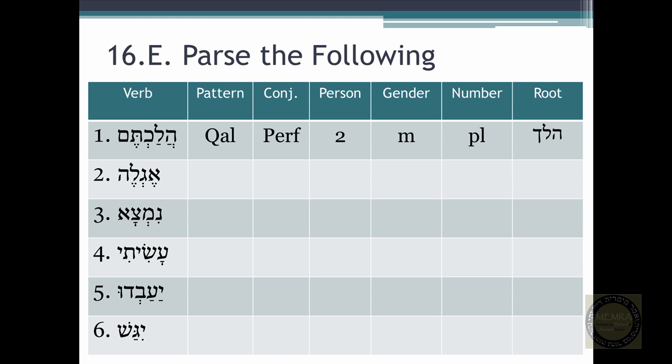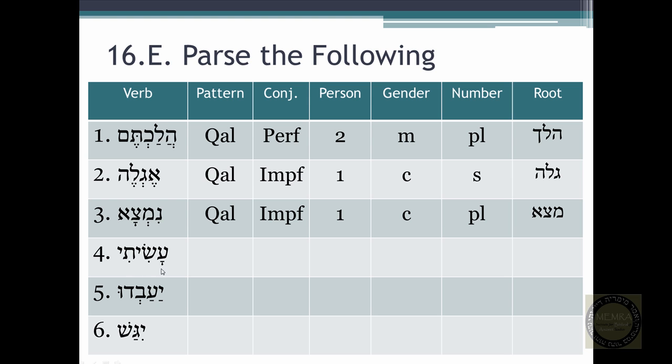Qal perfect, second masculine plural. Egleh, is there a prefix? Yes, the aleph is a prefix because our lemma is galah, so this is imperfect. Qal imperfect, first common singular. Nimtsa, is there a prefix? Yes, the nun, because our lemma is matsa, that means it's qal imperfect, first common plural.